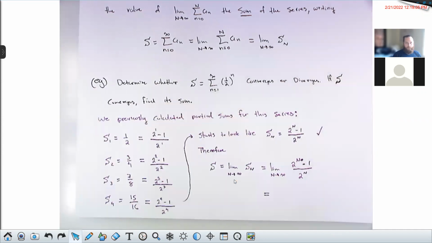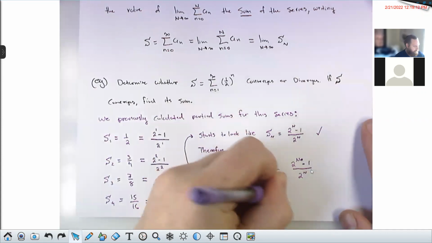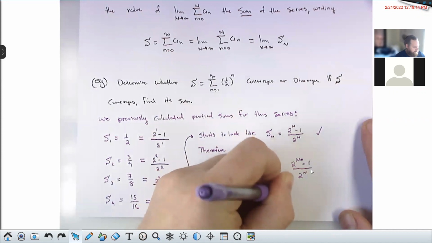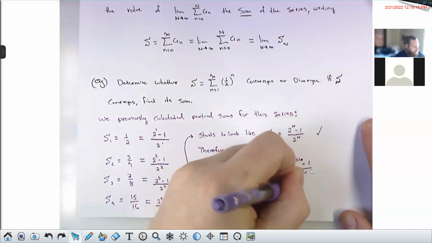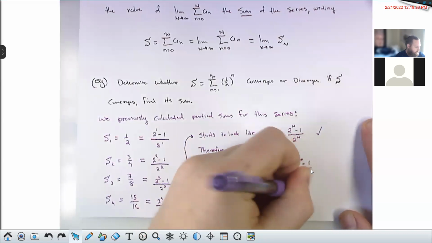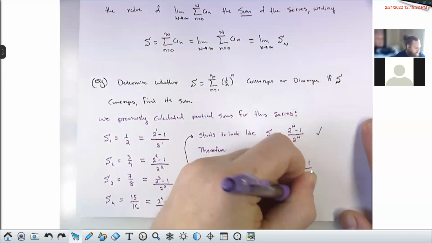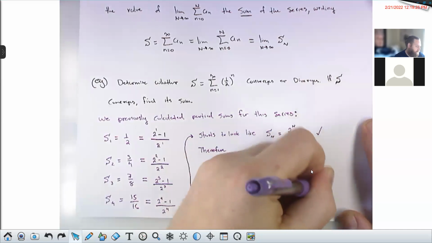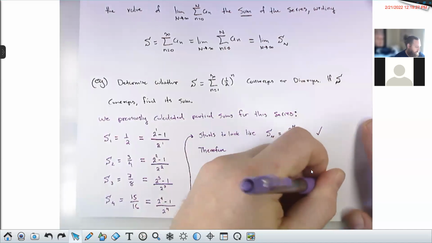You've been practicing with limits. The easiest way is to split it up. This is the limit as capital N goes to infinity of 2 to the n over 2 to the n minus 1 over 2 to the n.